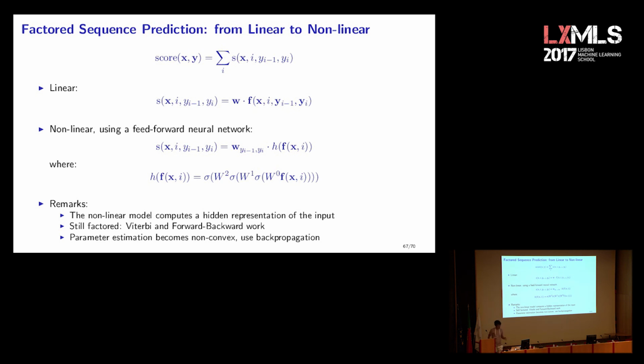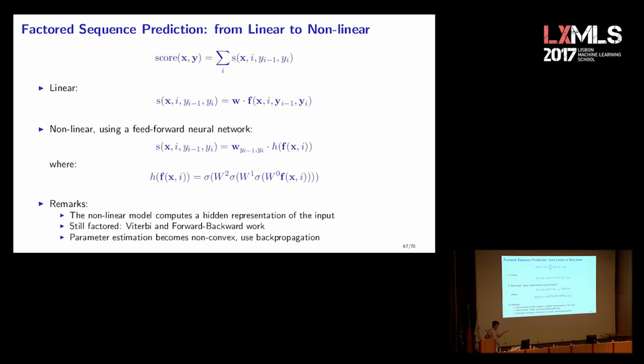And now, of course, nonlinearities. When you think about nonlinear models, there's still one main distinction, because we've used linearity in a number of ways today. One important part was that the score of a full sequence is just a sum over scores of the parts.